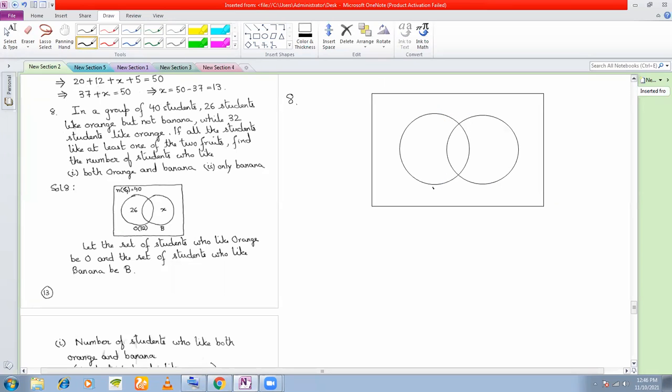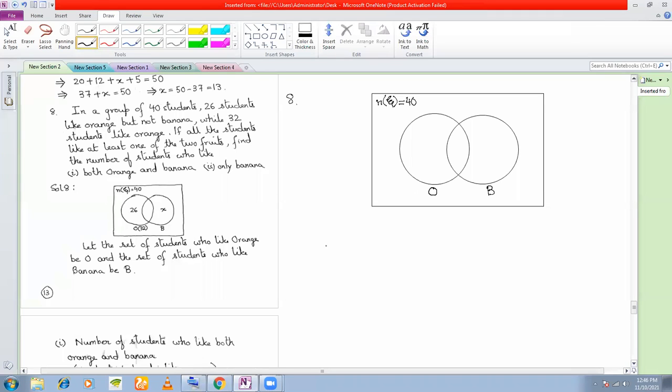So let us call the set of students who like orange O, and let the set of students who like banana be denoted by B. Okay, and this is your universal set, and the cardinality of the universal set, total of how many students? 40. So cardinality of the universal set is 40.